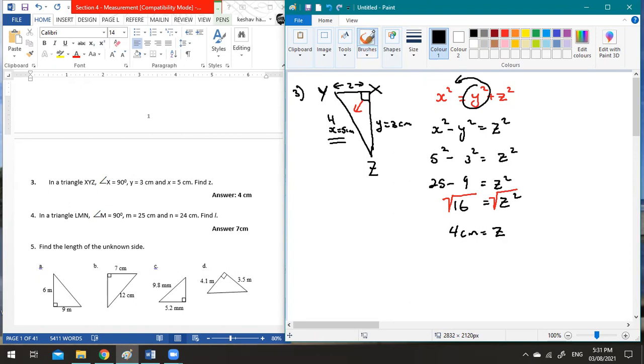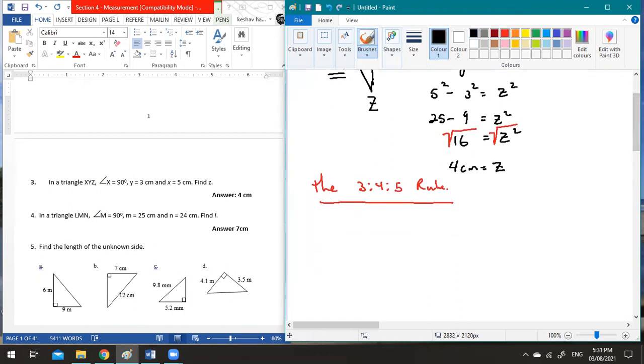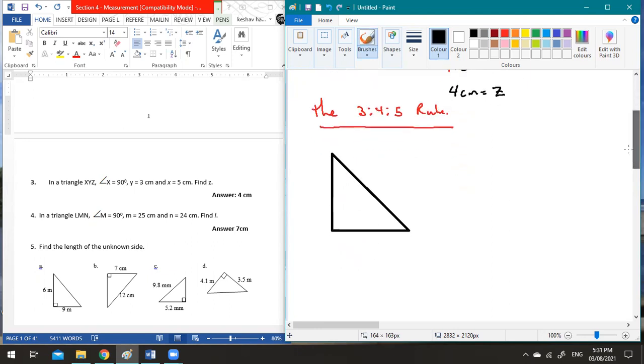Now, this brings me to something called the 3, 4, 5 rule. In Pythagoras' theorem, any right angle triangle that follows the 3, 4, 5 rule will be like this.